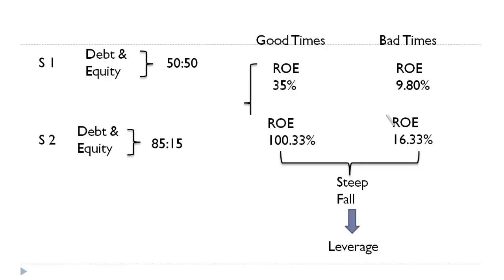And if you compare these two returns, I mean return on equity in good times when the capital structure was 50-50 and when it is 85 and 15, there is a difference. In good times at 50-50 it was 35%, whereas at 85-15 it was 100%. That is also on account of leverage.